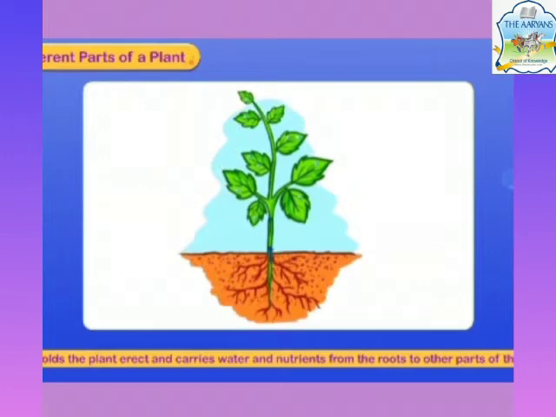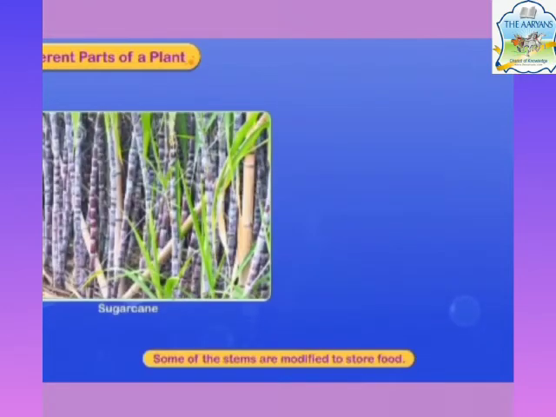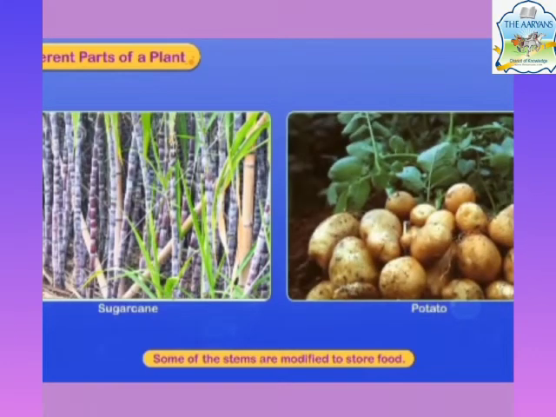And stem holds the plant erect and carries water and nutrients from the roots to other parts of the plant. Some of the stems are modified to store food like sugarcane, potato. These are some examples of stem.